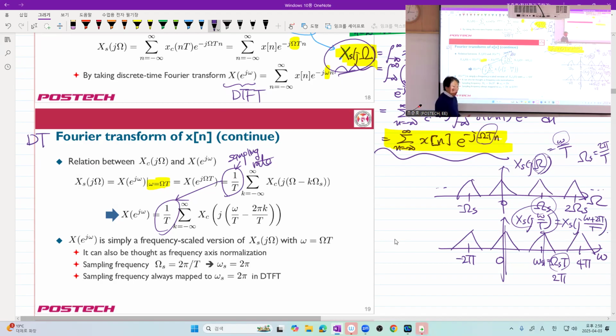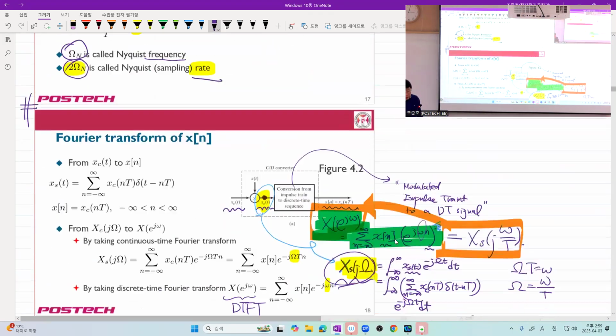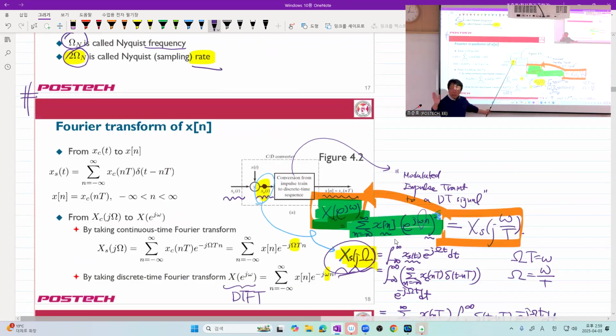And as we all know, the DT Fourier transform of a discrete time signal must be periodic with period 2 pi if we use radian frequency, lowercase omega. And now in our sampling, especially C2D conversion, what happened? In the intermediate signal, you have repetition of the replica by the sampling frequency.